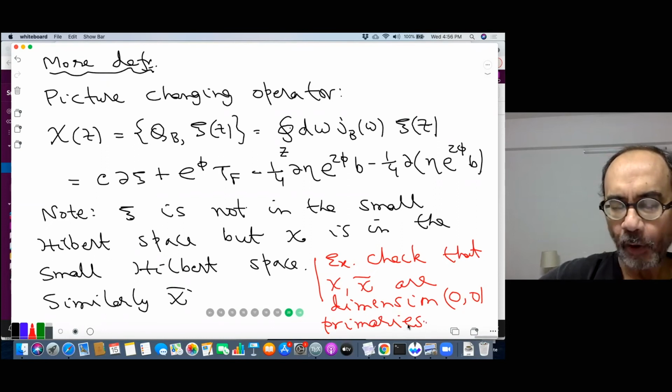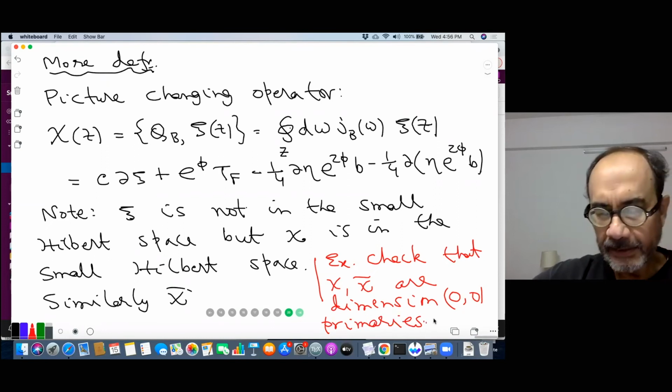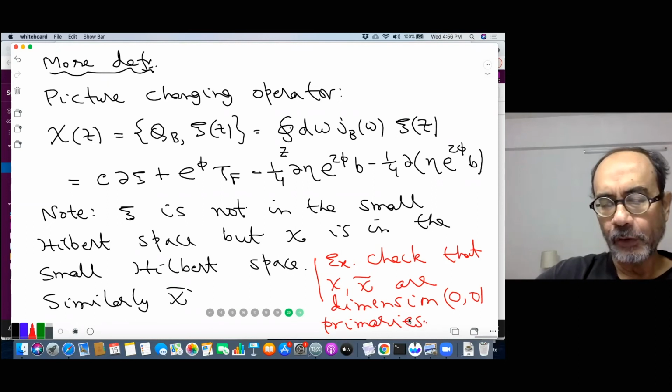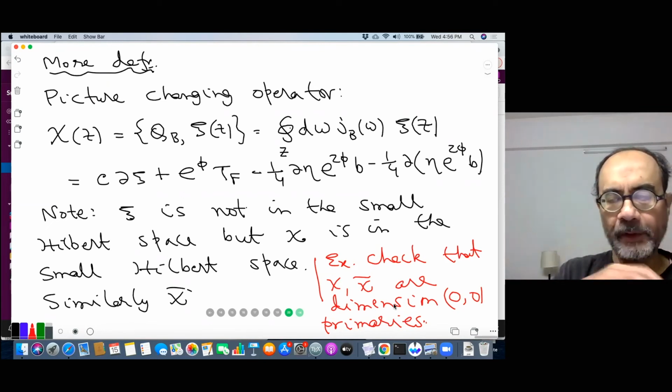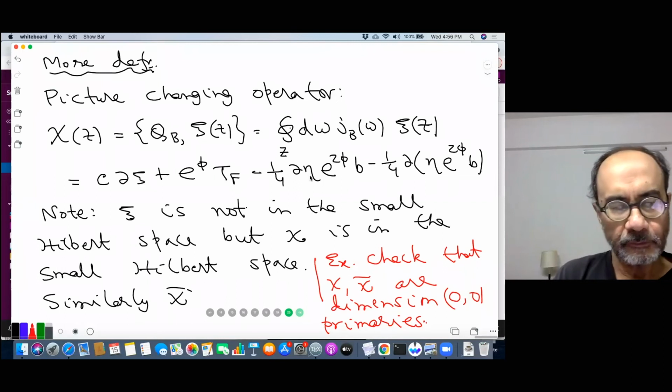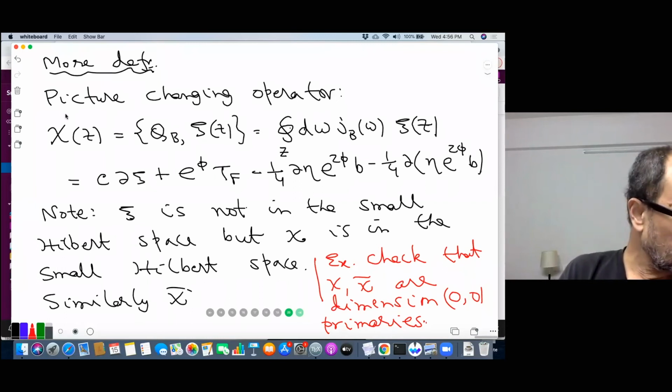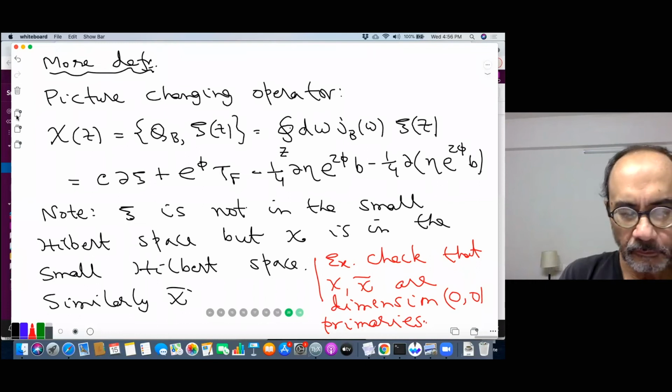When I say primary, I mean ordinary primaries, not superconformal primaries. So whenever I'm referring to superconformal primaries, I'll explicitly say so. Otherwise, primaries just means you take the OPE with the energy momentum tensor and check that it has the correct form. Other questions?